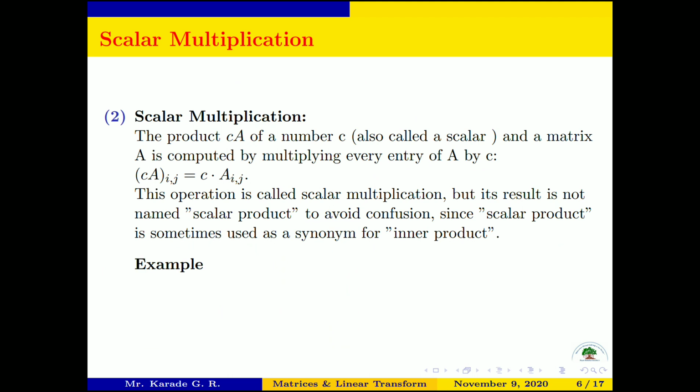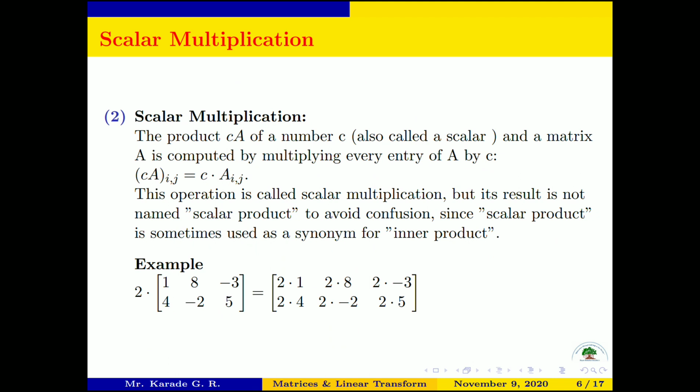Let us take one example. Scalar multiplication of 2 with a matrix of order 2 by 3: 2 times the matrix with rows 1, 8, minus 3 and 4, minus 2, 5 equals 2 into 1, 2 into 8, 2 into minus 3, 2 into 4, 2 into minus 2 and 2 into 5.